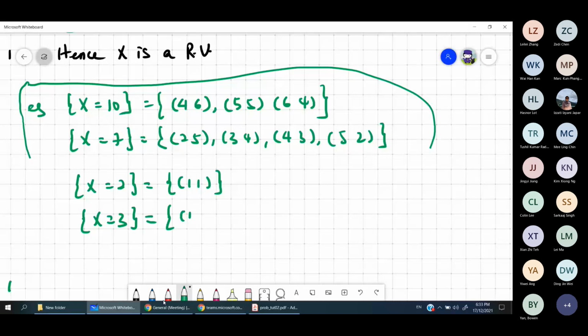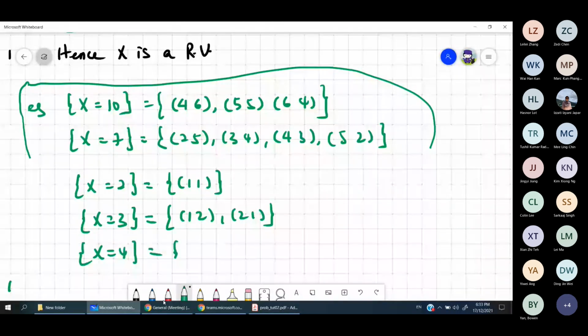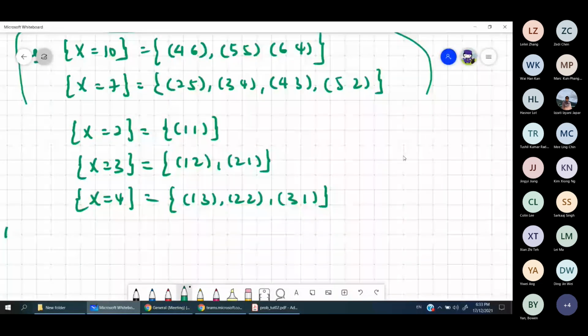That is 1, 2 and 2, 1. And 4 will be 1, 3, then 2, 2, and 3, 1. And so on. I think no point for me to carry on. This is standard.